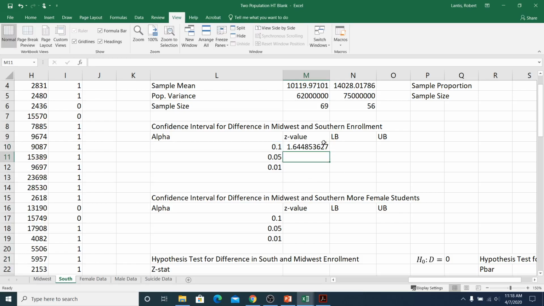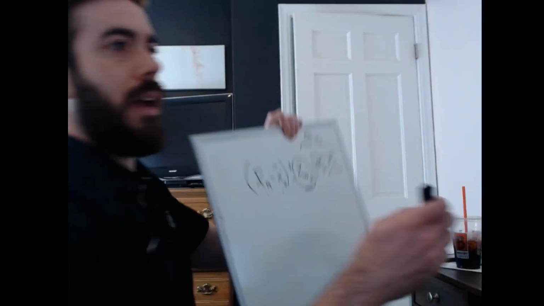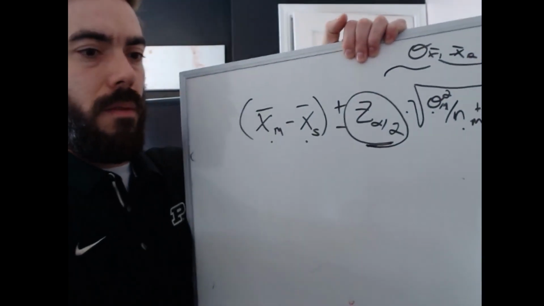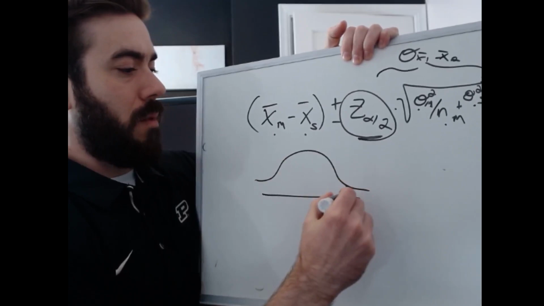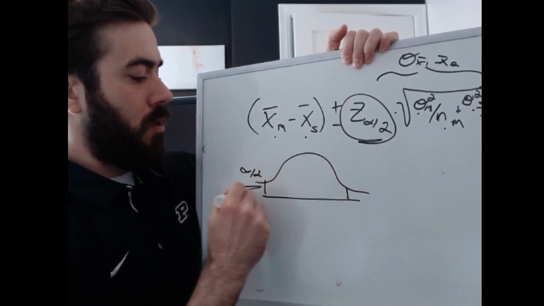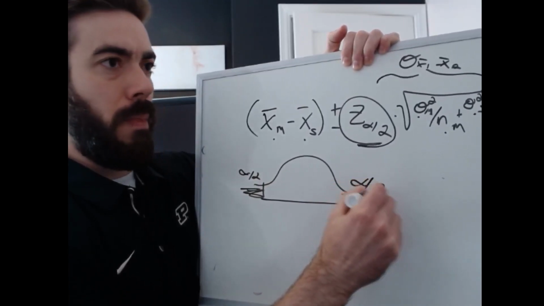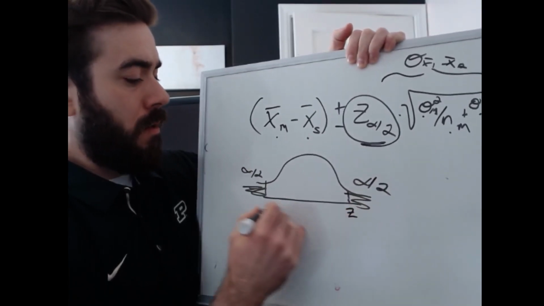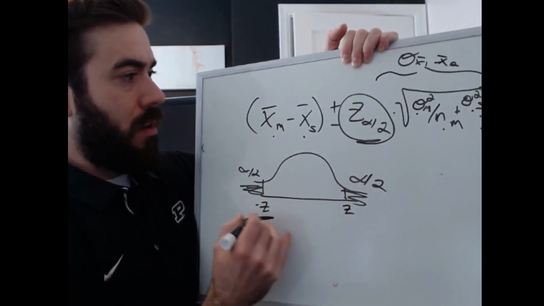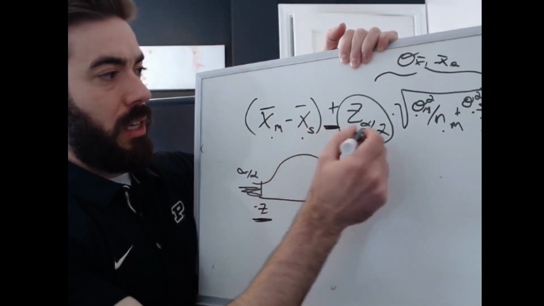So I'll give you maybe a visual that kind of helps with that. Let's say I'm trying to find this z-value. You can kind of think about this. That gives me alpha over 2 in each tail. This negative z-value gives me the lower bound.